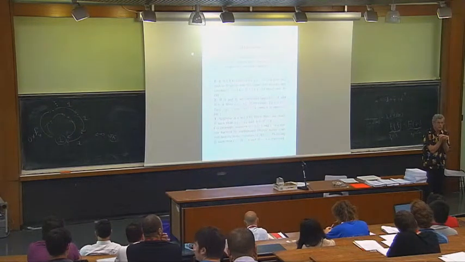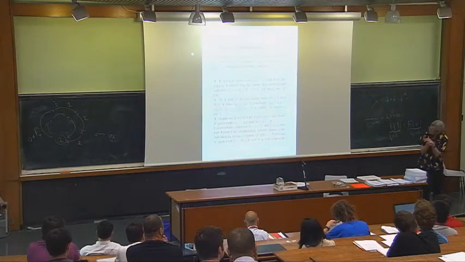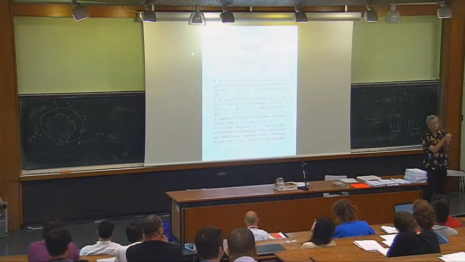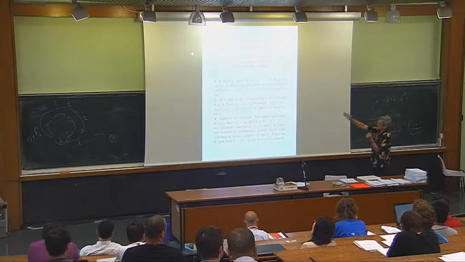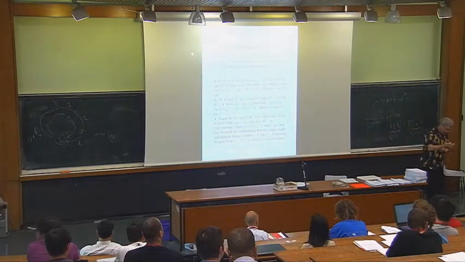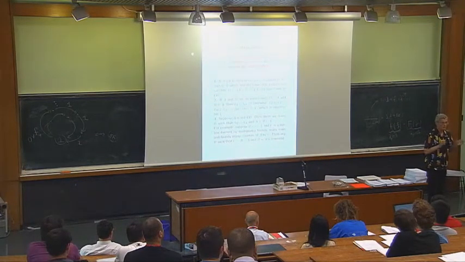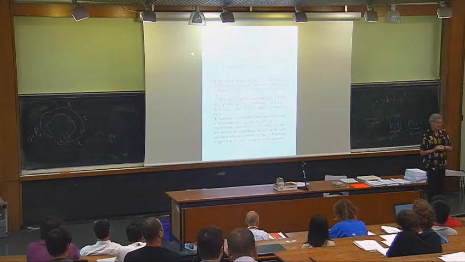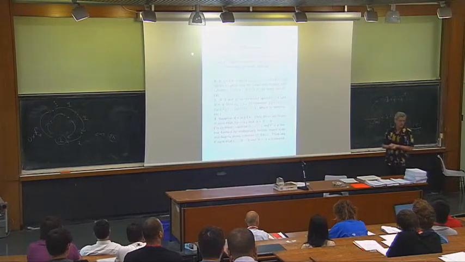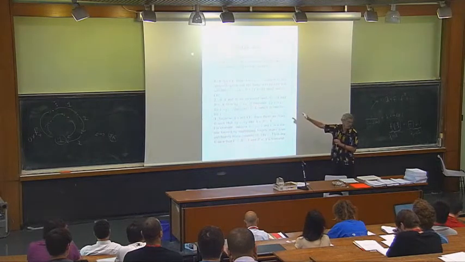So the spectral radius of the function f for (1 plus epsilon)A is going to be equal to the spectral radius of the function f for A divided by 1 plus epsilon. It doesn't change very much. It changes continuously as a function of epsilon. Same in the other direction.